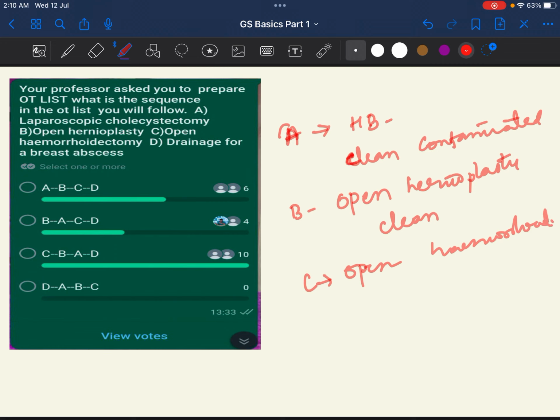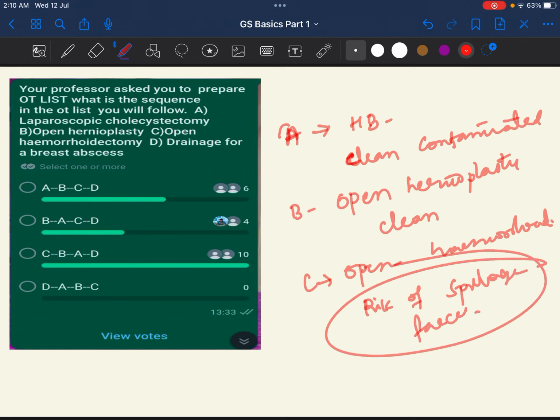Even if you just excise and resuture the wound area, there is a risk of spillage with the feces. So we should categorize this as class 3, a contaminated wound. The last case is drainage of abscess. Here pus is there, so this is a dirty wound.